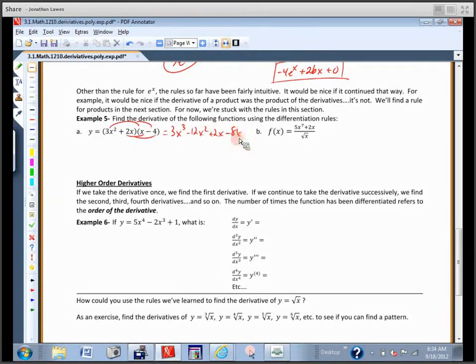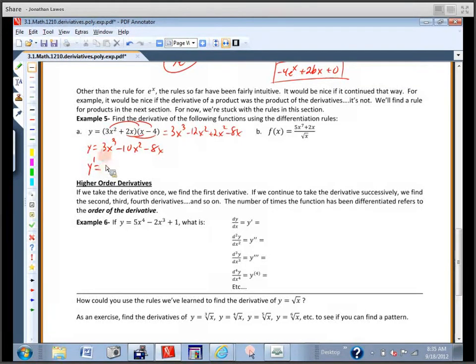So in order to find the derivative of this, we're going to have to distribute through, make a big long polynomial. So this is going to give me 3x cubed, let's see, minus 12x squared plus 2x minus 8x.